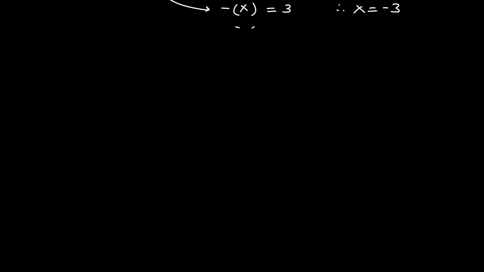Let's do some more examples to understand this concept in totality. If I say modulus of x equals 7, again, there are two options. x with a positive sign equals 7. x with a negative sign equals 7. Therefore, from the second one, I get x equals negative 7. Let's increase the level of difficulty.